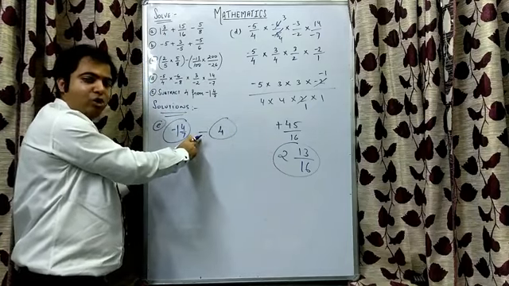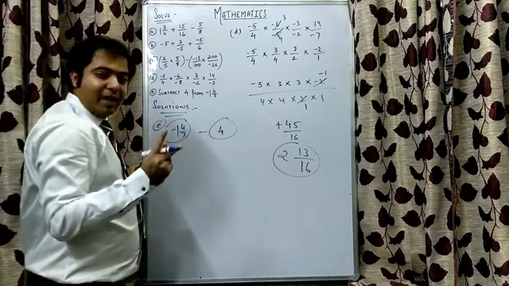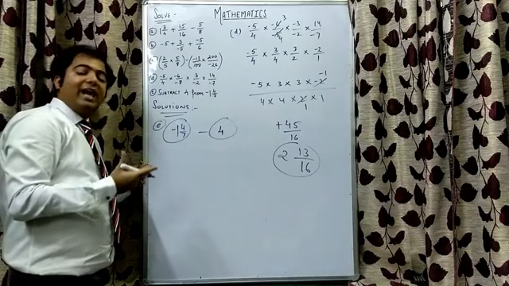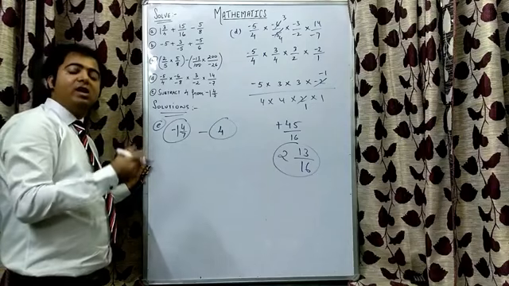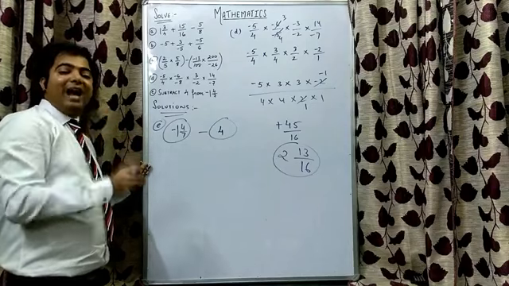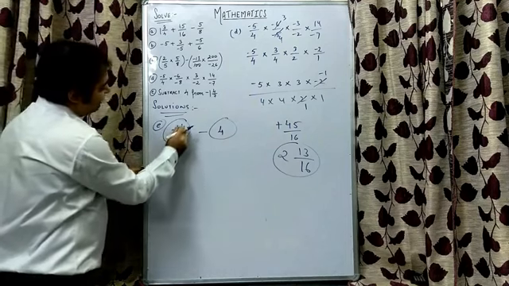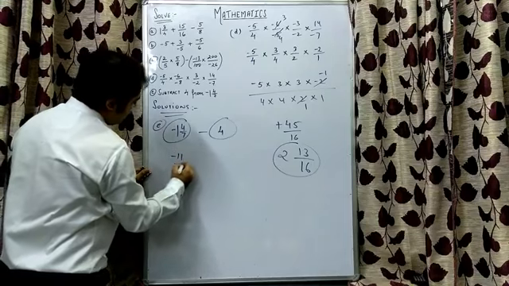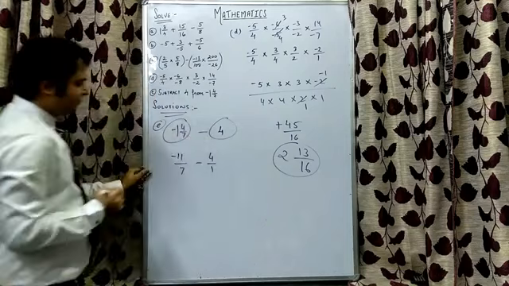And as I have told you, before subtraction or addition, we need to keep two things in mind. First, the given rational number should be in standard form. Second, both the terms or both the rational numbers should be like rational numbers, right? So 7 with a 7 plus 4, that will give me minus 11 by 7 minus 4 by 1, right?